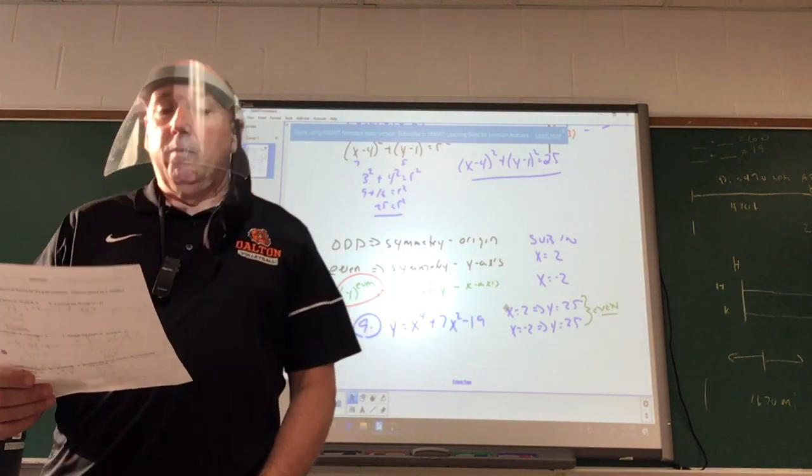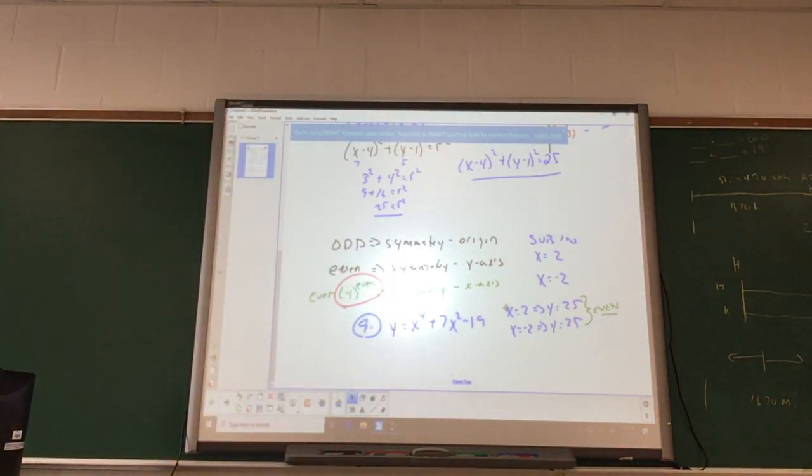That's why in number 8, if you solve for y, you have 2y squared is equal to, and you can put in values of 2 for x and -2 for x.